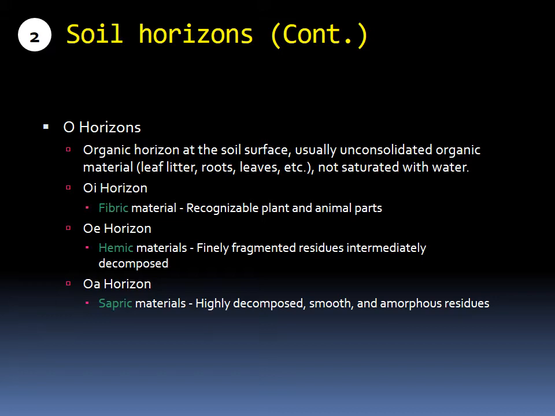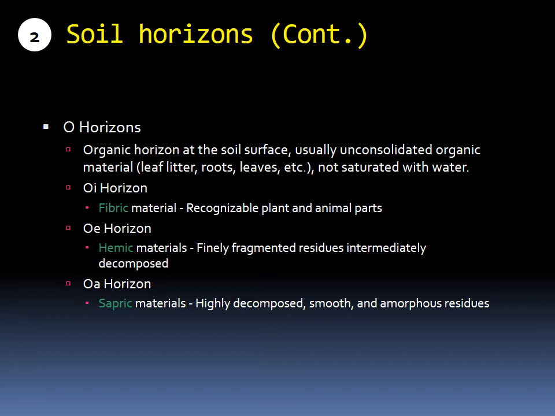It's not highly decomposed. And this one we call Oi. We give it a little letter i, and we call it fibric, which describes basically an organic horizon, O horizon, with recognizable plant and animal parts. But sometimes these materials are intermediately decomposed, and here we give the O horizon a small letter e, and we call it hemic, which describes intermediate decomposition.